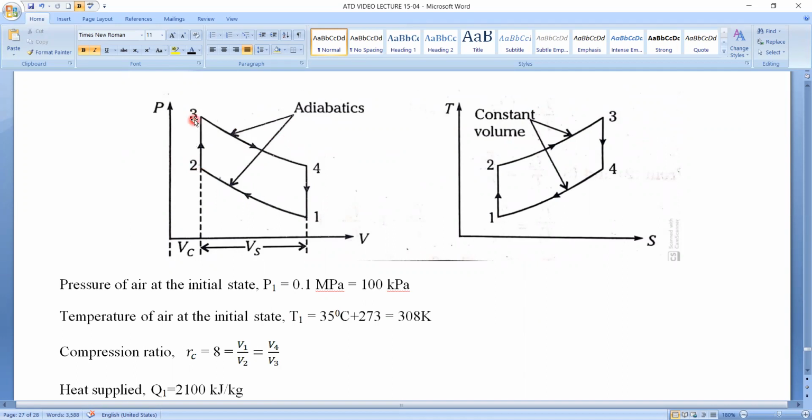Process 2 to 3 is constant volume heat addition, 3 to 4 is adiabatic expansion, and 4 to 1 is constant volume heat rejection. Similarly, on the TS coordinates, 1 to 2 is isentropic compression, 2 to 3 is isochoric heat addition, 3 to 4 is isentropic expansion, and 4 to 1 is isochoric heat rejection.